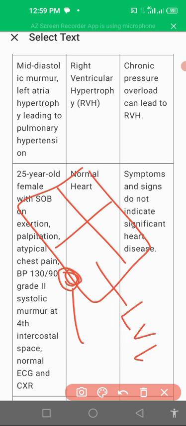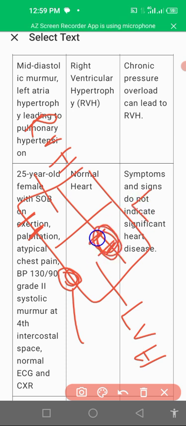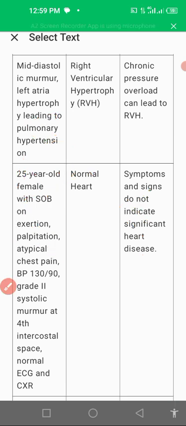When there is right ventricular hypertrophy, that is because of chronic overload of the right ventricle, and mitral stenosis will be there. So on the left side of the heart the mitral valve is present. When it is stenosed, blood has to create more pressure on the pulmonary vasculature, and the patient will have overload of the right ventricle, which results in right ventricular hypertrophy.